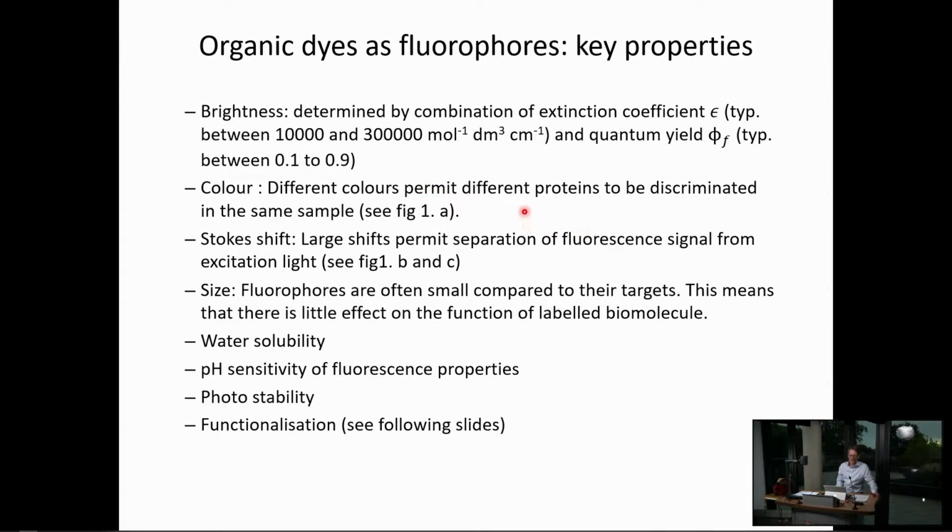The color is, of course, important. You want dyes in the microscope to have clearly separated excitation spectra and emission spectra. Their colors need to be well separated so you can get good signal to noise ratio. And if you want to label multiple species at once, then you might be able to distinguish them by using different color extrinsic labels. And so making sure that they don't overlap is super important.